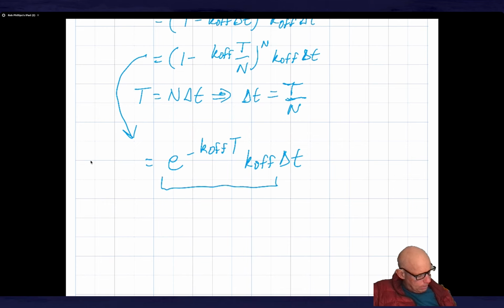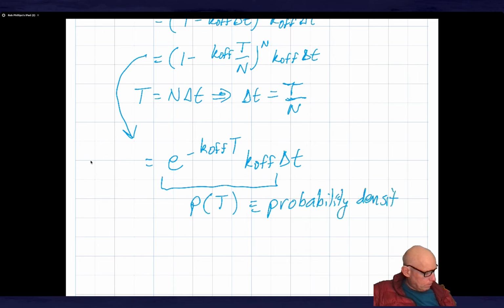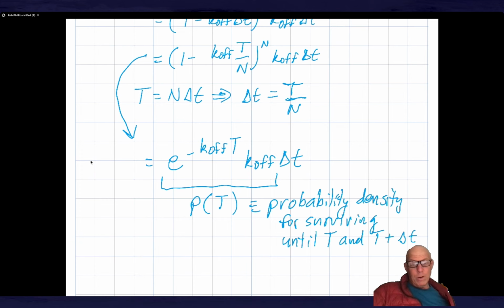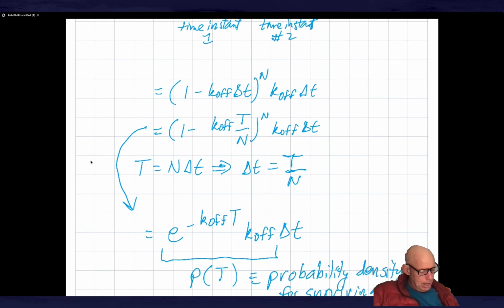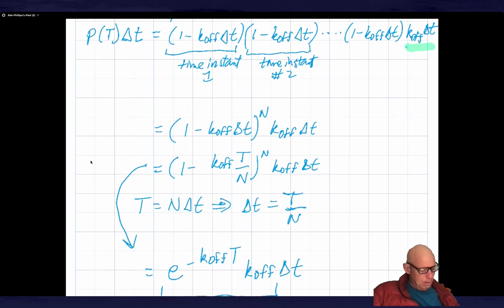This thing is our probability density, p of t, which is the probability density for surviving until t and t plus delta t. In other words, this little interval. So what we found is that this is an exponentially decaying function.